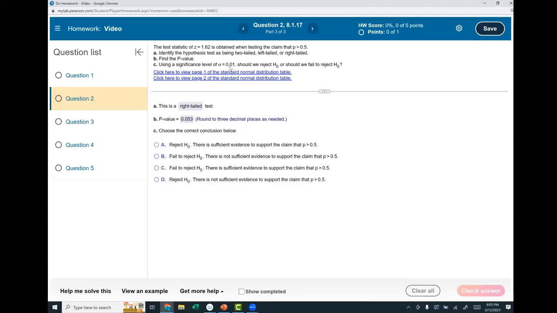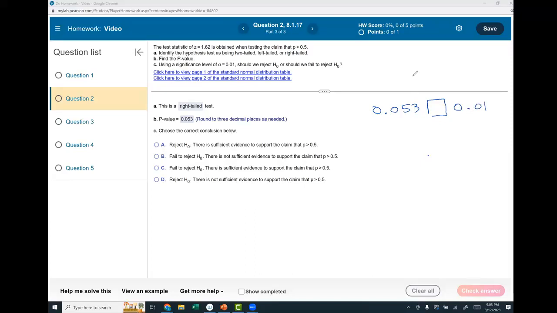Using the significance level of alpha equals 0.01, should we reject our null hypothesis, or should we fail to reject? Well, if alpha is equal to 0.01, is this greater than? Basically, what we want to know is whether 0.053 is greater than or less than 0.01.